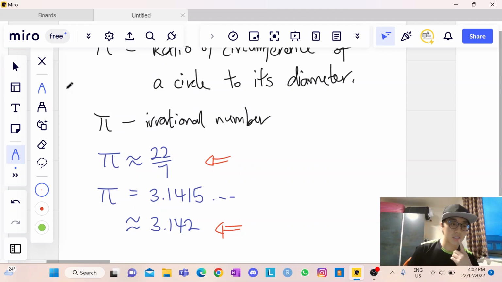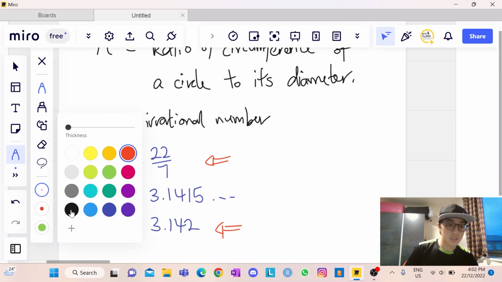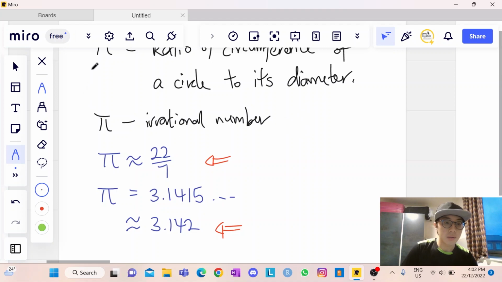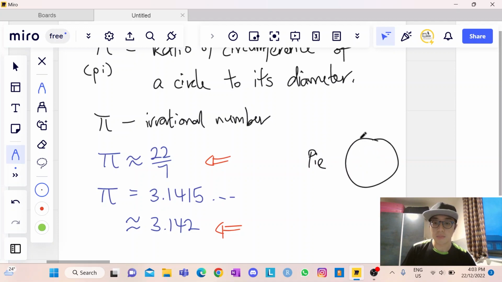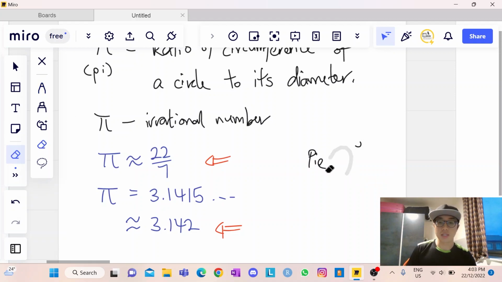As you have heard from the name, how do you write it? It's pi. It's some kind of language, I forgot which one, I think it's Greek. It's literally like a pie, circle in shape and so on. That's why it's used in a lot of calculations on circles.